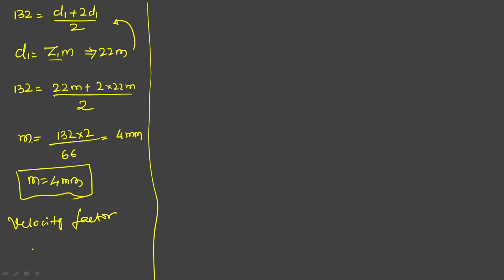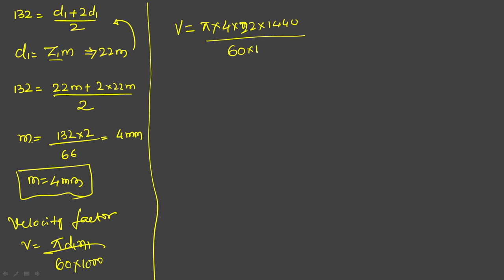So to get the value of CV, you need V. V equal to what? Pi D1 N1 divided by 60 into 1000 here. Now you find out V. So pi, 4 into 22. Speed is how much? 1440 divided by 60 into 1000 here.